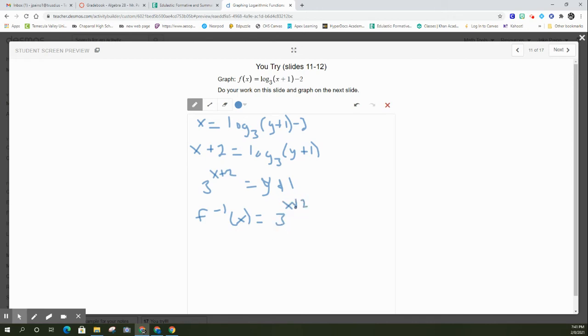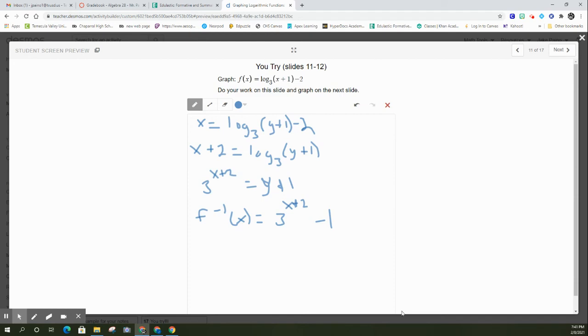All right, and the shortcut is the h and k's switch spots. The k was -2, now h is -2 in the exponential. The h was -1, and now the k is -1. The base stays the same.